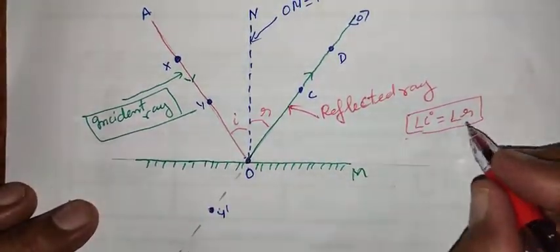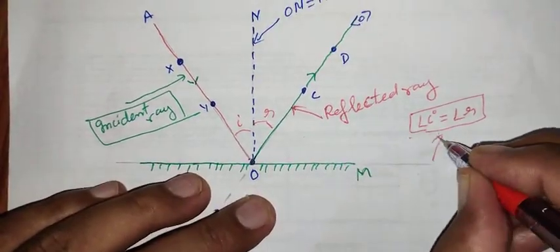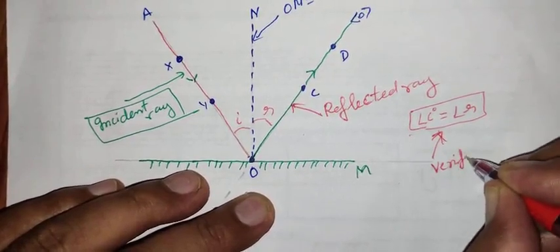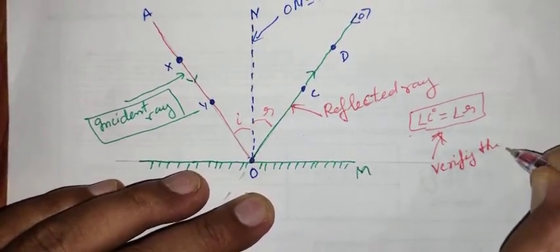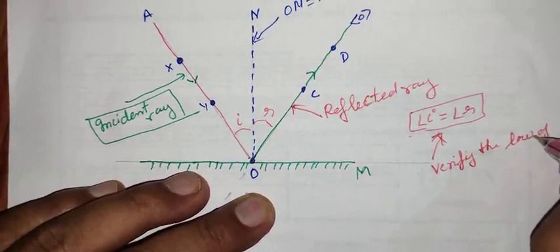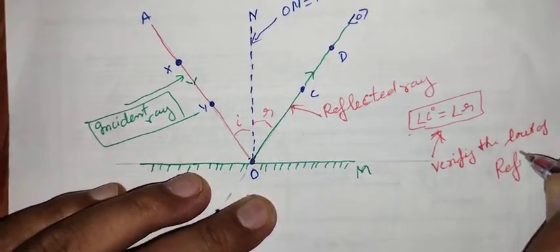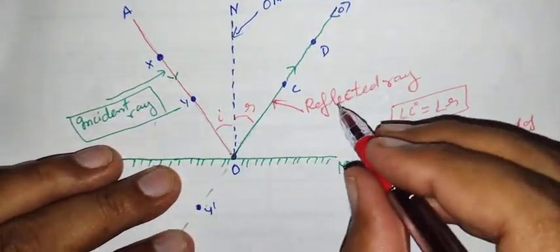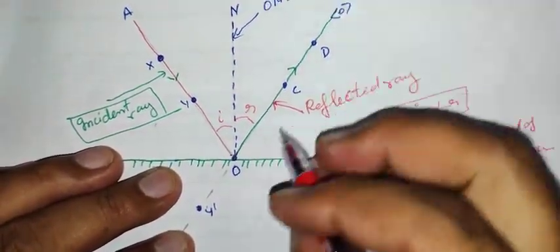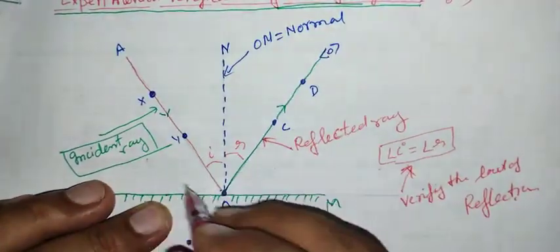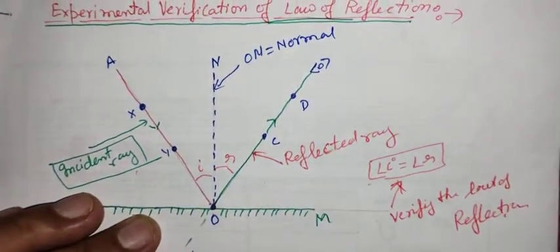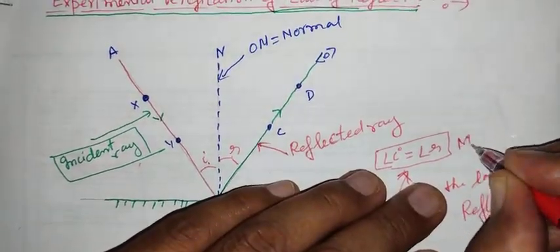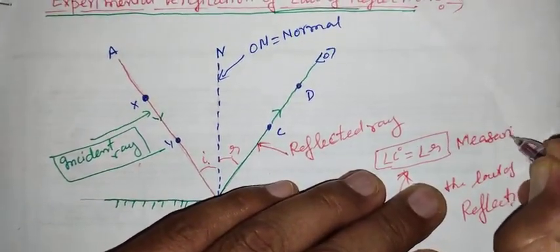This verifies the laws of reflection, because the incident ray, reflected ray and normal at the point of incidence lie in the same plane, obeying the second law, and both angles are equal after measuring, obeying the first law.